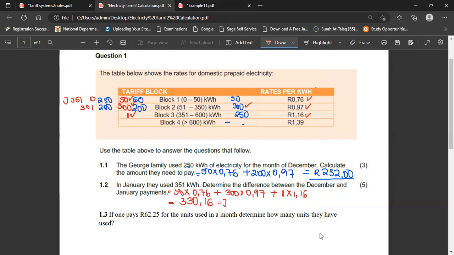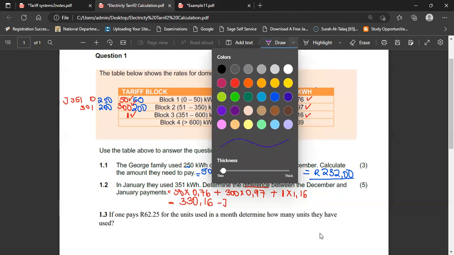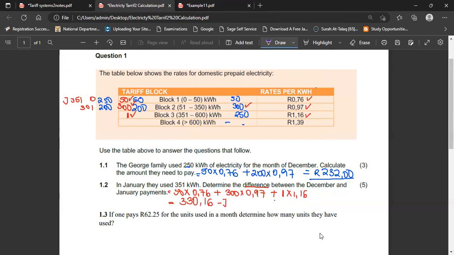But we are looking at determining the difference. Determining the difference simply means we need to subtract. What are we going to subtract? We shall subtract the cost in January minus the cost in December. Are we there?